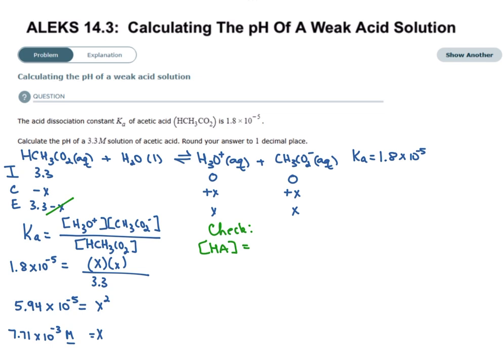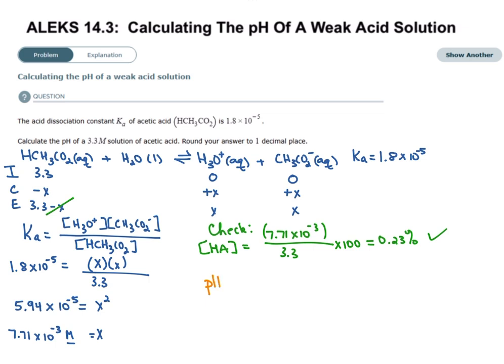So I'm going to plug that in. And this equals 0.23%, which is good. That means it's less than 5%. So now my assumption was right. I can continue with the problem.